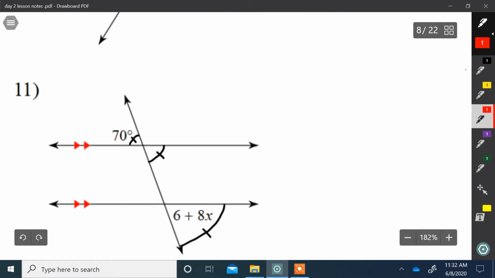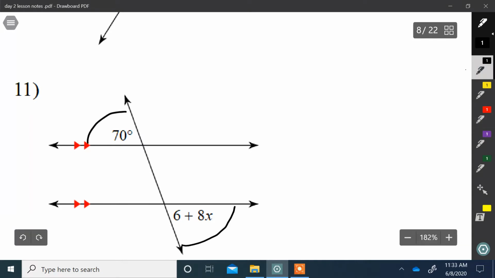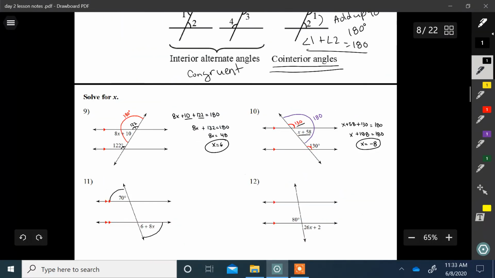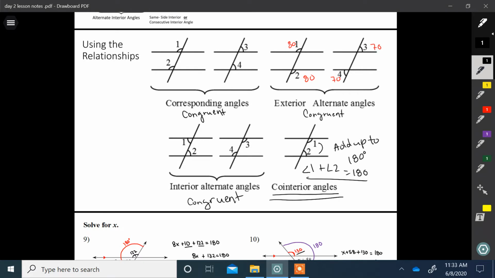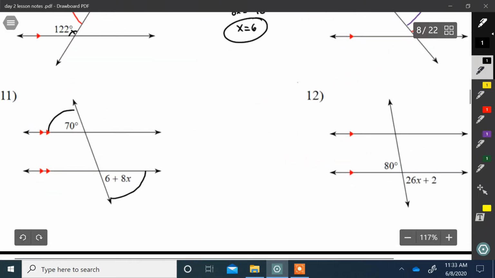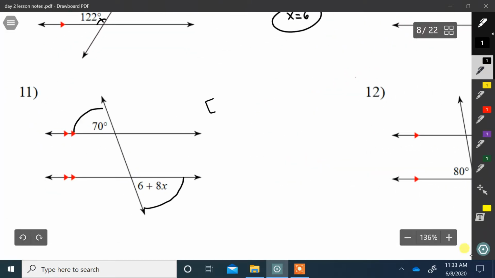In here, first of all, let's identify this angle and this angle. If you look at the picture right here, they are exterior alternate angles. So these ones are called exterior alternate angles.